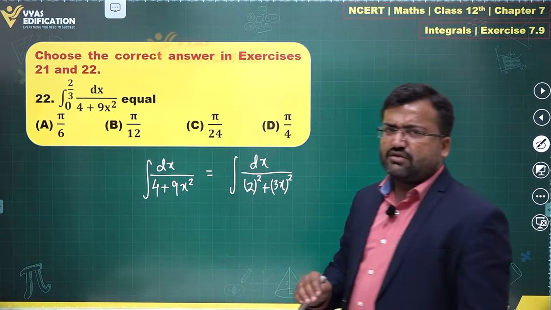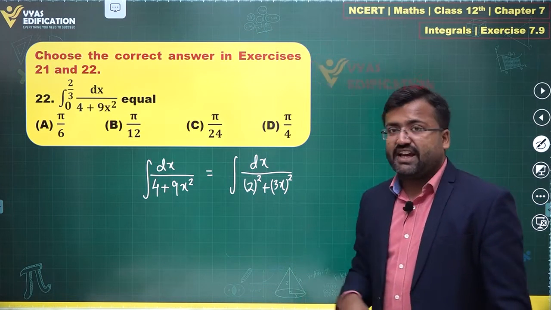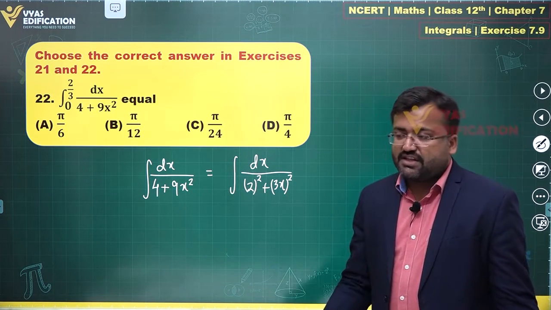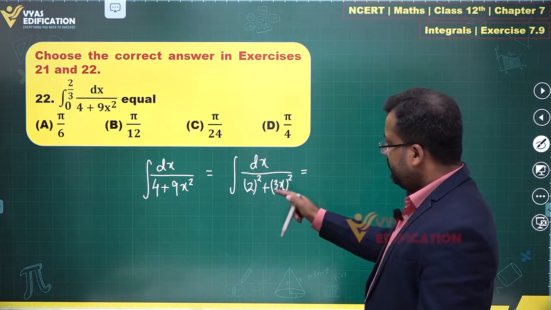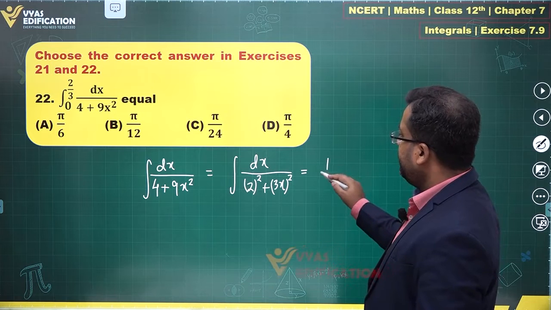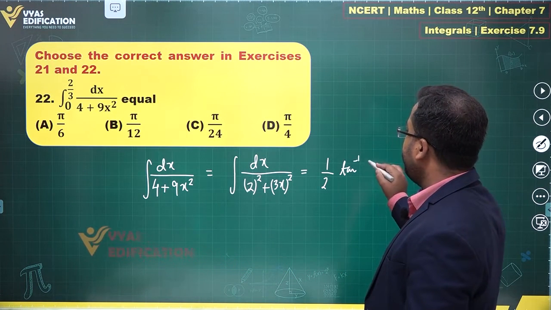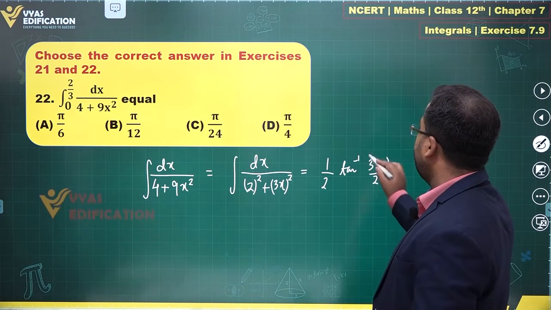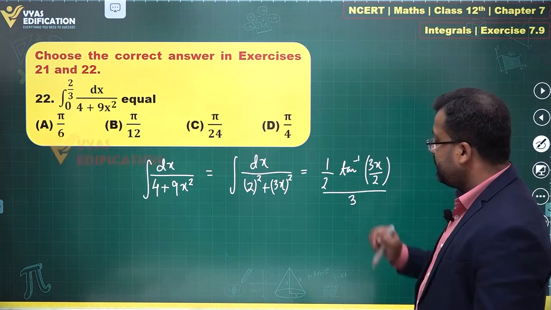This is similar to x square plus a square, except for the matter that instead of x you have a 3x. So we have a linear polynomial of x, yes, we'll divide by the coefficient of x at the end and integrate directly. 1 upon a square plus x square, the integral will be 1 upon a tan inverse x by a, which is 3x by 2, and divide by 3 at the end. That's important. 3x, the coefficient is 3.